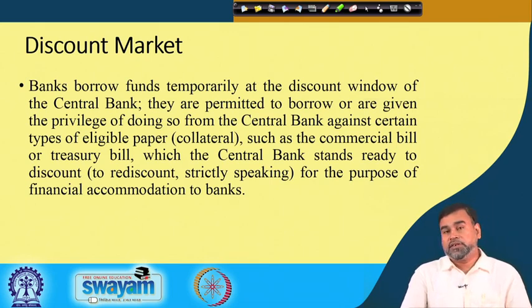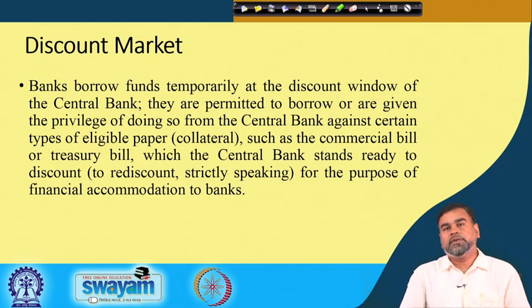Here the central bank stands ready to discount or rediscount, for the purpose of financial accommodation to the banks. The financing instruments which the banks use as collateral to get their loan are discounted or rediscounted by the central bank to provide the loan to the commercial bank. That is the major objective of the discount market.